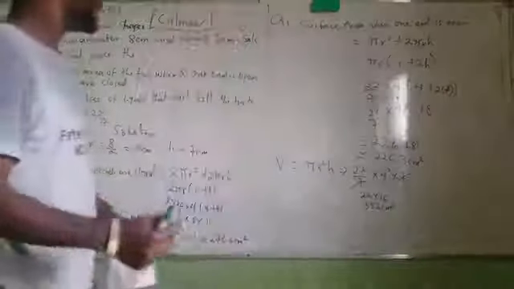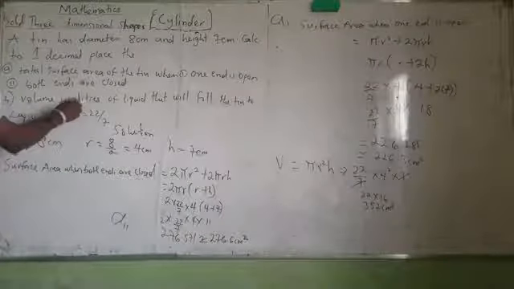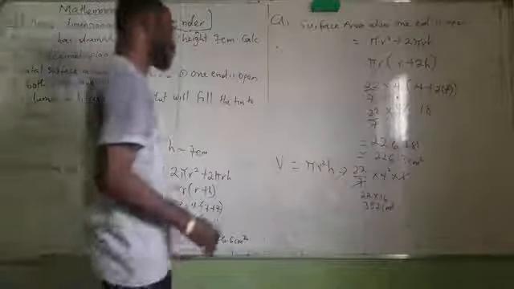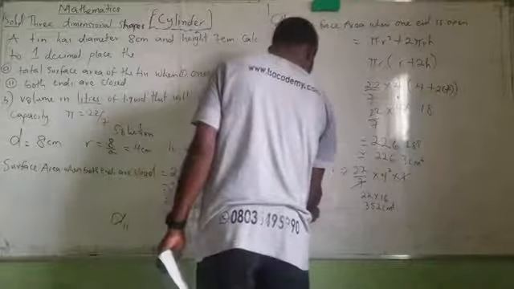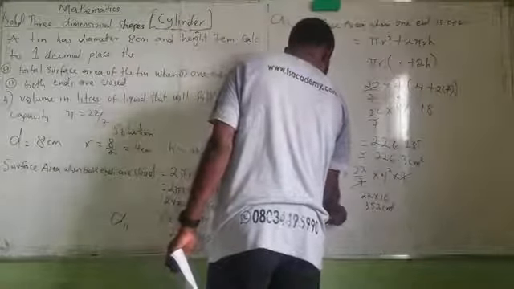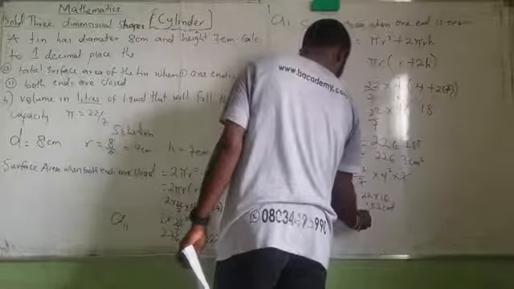Now, in volume in liter, we were told that 1000 centimeter cube make 1 liter.